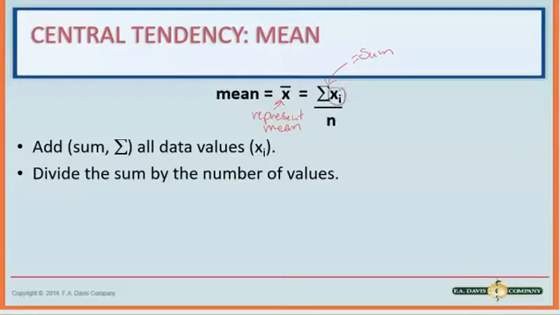And this x with the i just means all the data points added together. And then your n represents the total number of values.